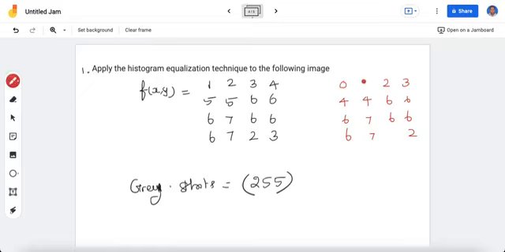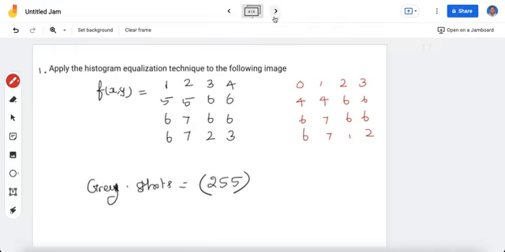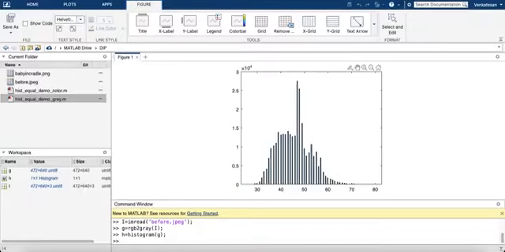I'm sorry about that. So 0 1 2 3 4 4 6 6 6 7 6 6 6 7 1 2. So this is what the equalized one is, that is, the intensity distribution will be across the entire range of the given image, right?